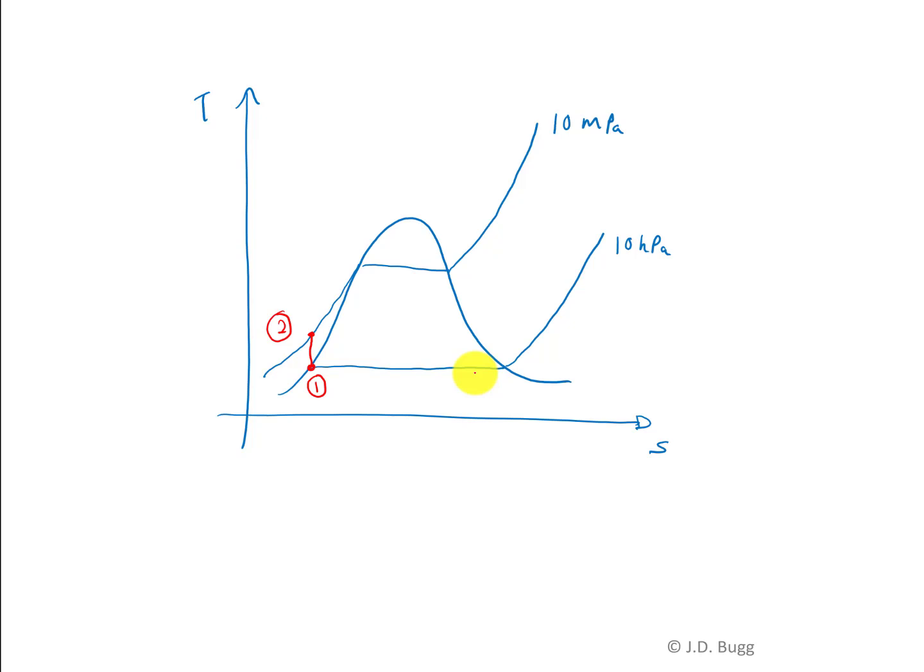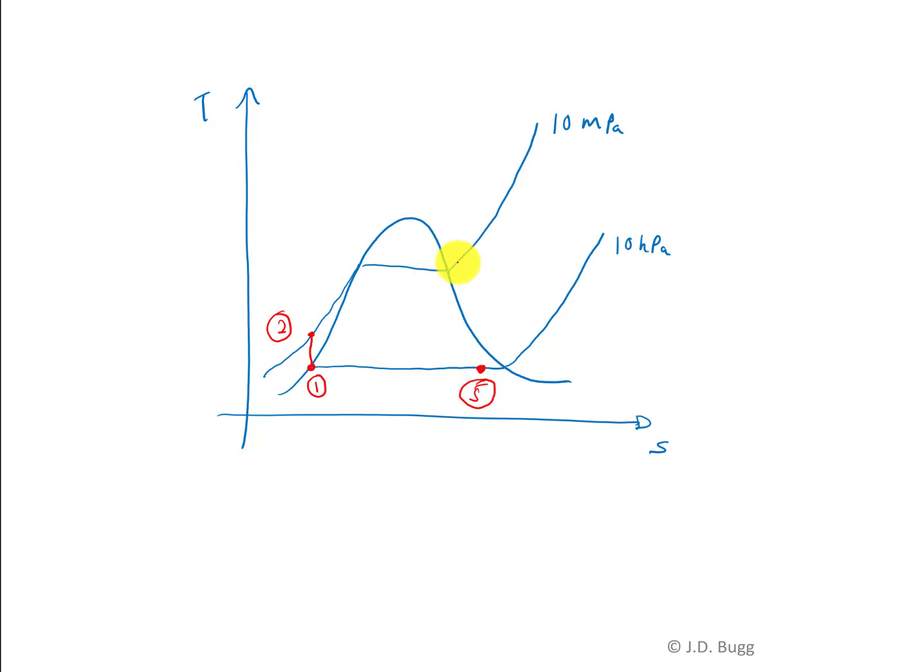Now before the throttling valve adjustment, the exit of the turbine has a quality of 95%. So it's inside the liquid-vapor region, perhaps somewhere there. I'll label that as point 5. The turbine process needs to get to point 5 from the 10 MPa line, drifting to the right.